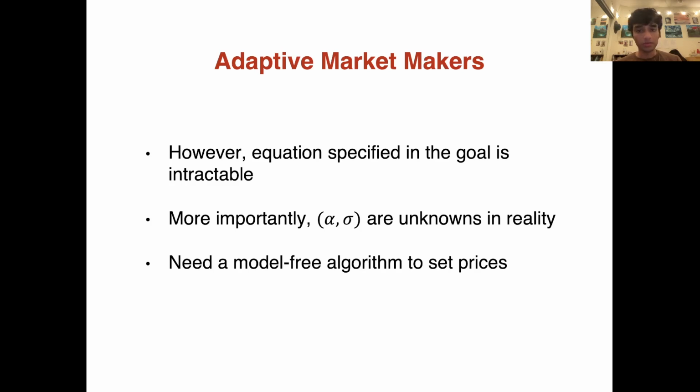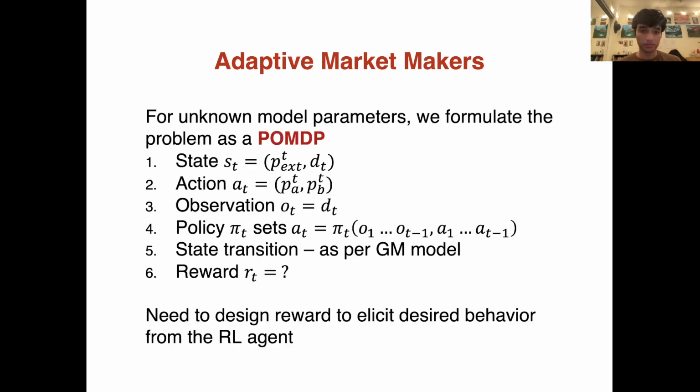However, for more complicated price jump models, the equation specified in the goal can become intractable. This means that step 2 of the previous algorithm would be computationally very difficult to perform. More importantly, the variables alpha and sigma are unknowns in reality. Thus, we need a model-free algorithm to set prices.